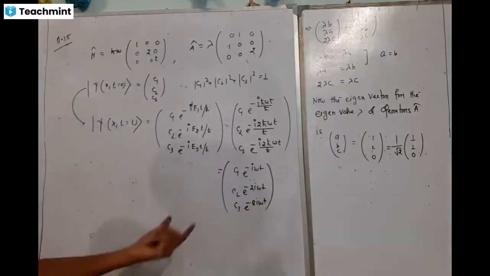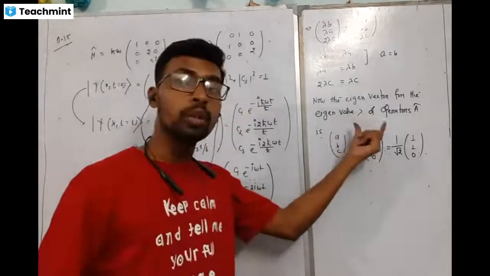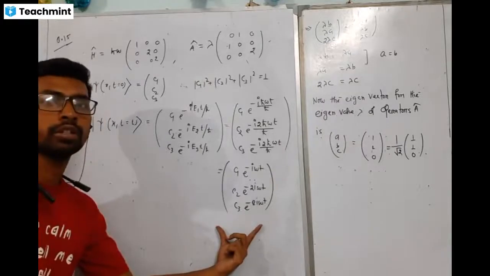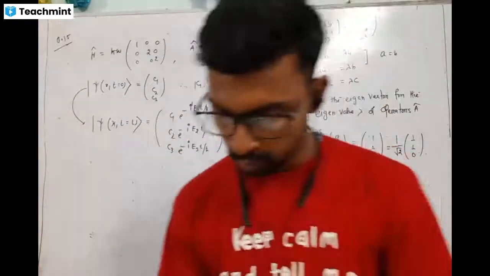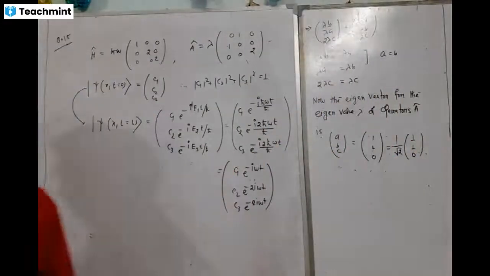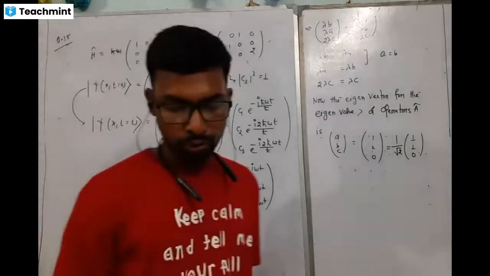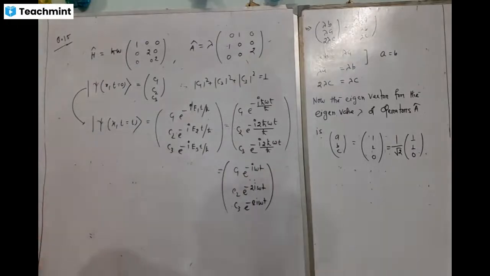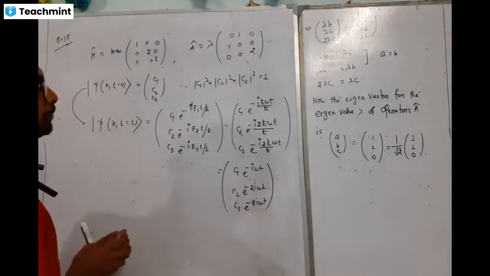This is the state. Now we can find the probability of getting eigenvalue lambda for the corresponding state. We take the scalar product and then the mod square. So now, therefore, the probability of finding lambda, please take a note. This is the important expression.